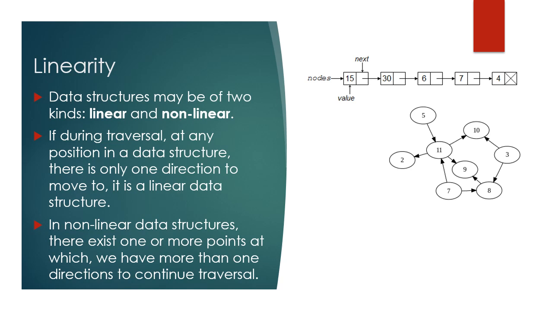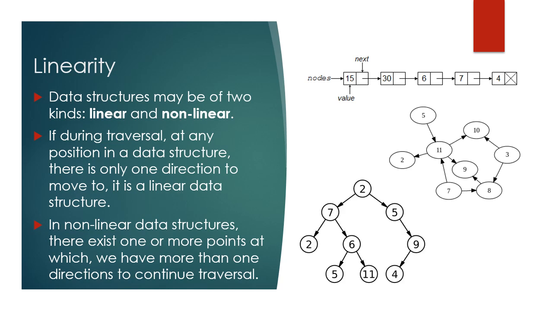But now that I stand at 11, I can either move to the node containing 2 or the node containing 9 or the node containing 10. So traversal will depend on which node I choose to move next. The graph is a non-linear data structure. Notice that the traversal will change when I change the starting node.